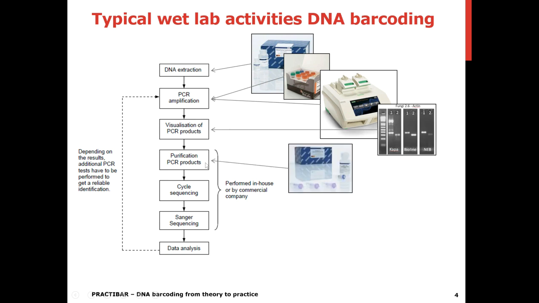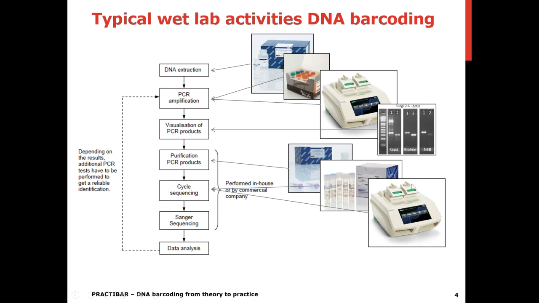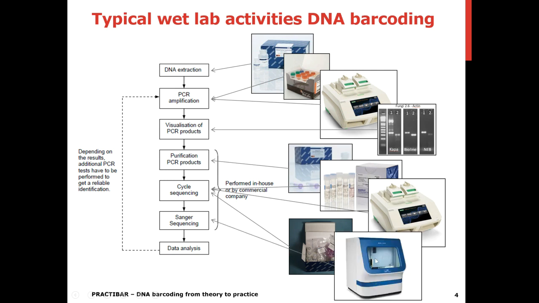You purify your PCR products with a specific kit, perform the cycle sequence reaction, and you do that in a PCR machine again, and then you purify your cycle sequence reaction, and then you put it on a Sanger sequencing machine, and finally you analyze the data.